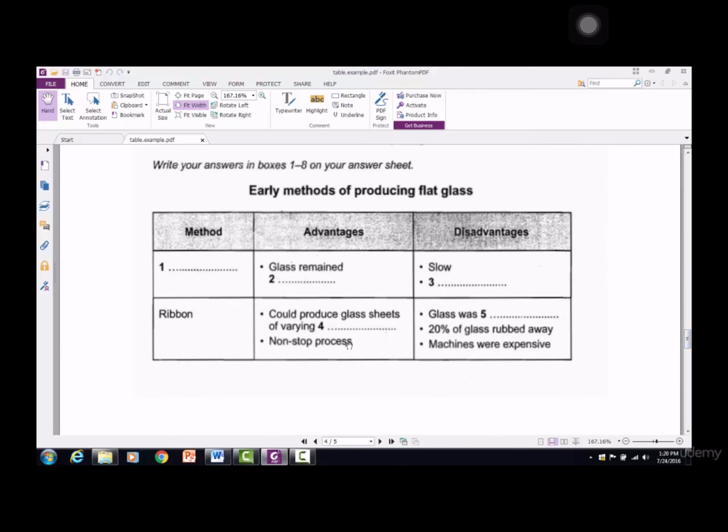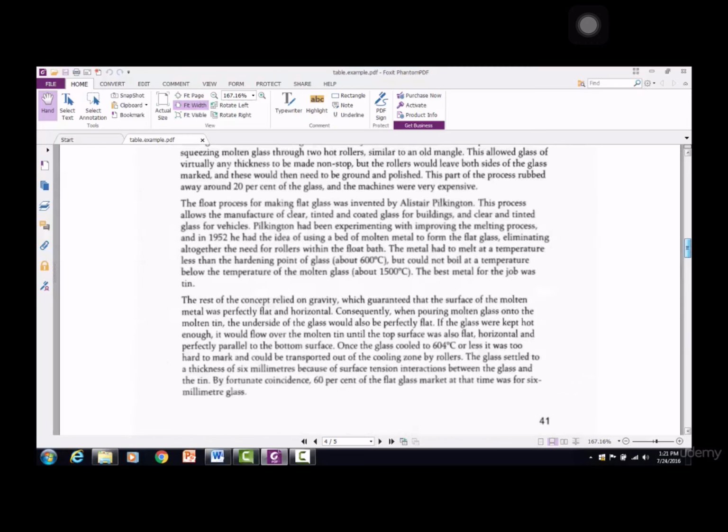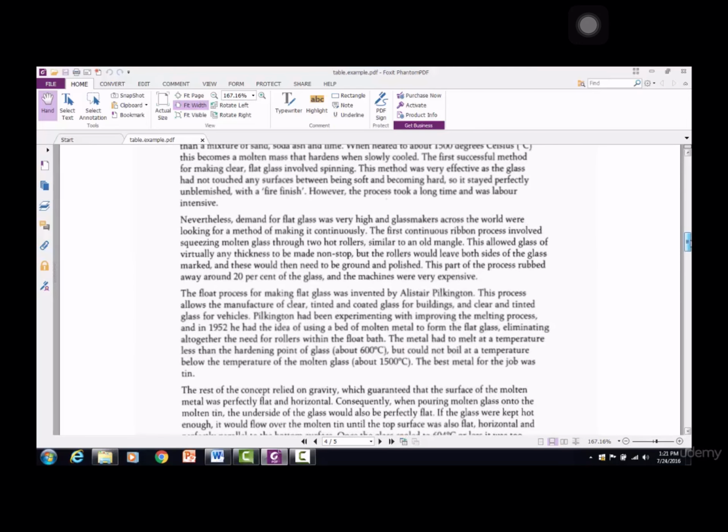And number 5, then we have nonstop process. And number 5, the glass was blank. 20% of glass rubbed away. All right. What was the glass? Should come before 20%. There's 20%. There's nonstop. Okay. So it has to be in between there.